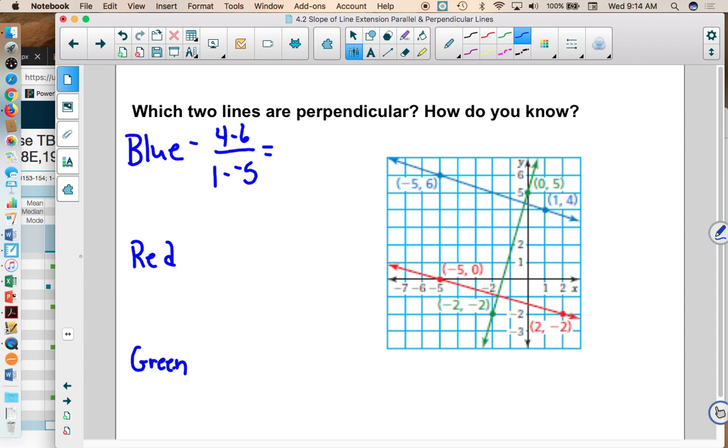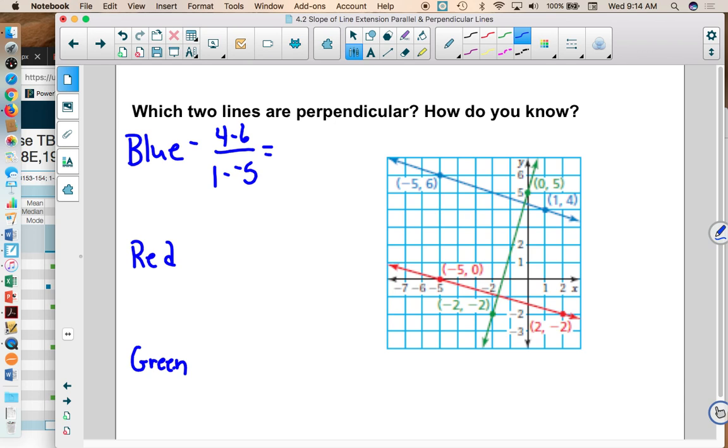There you go. So what are the two that are perpendicular? And those are which two? Okay. Annie, what's the slope of the blue line? -2/6.